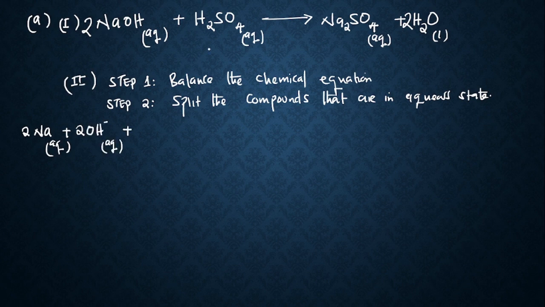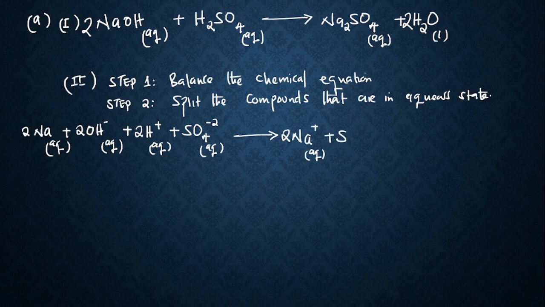Plus the sulfuric acid: 2 H⁺, and the sulfate radical remains unchanged. Equals, you split the sodium sulfate: there are 2 sodium, so we put a 2 there, and sodium is a metal, it forms a positive charge, plus the sulfate, a radical with a negative charge.